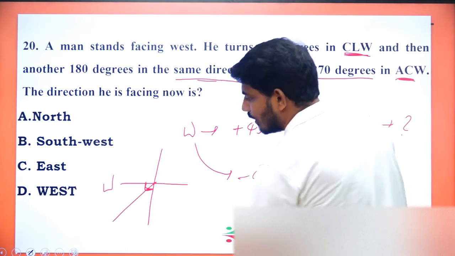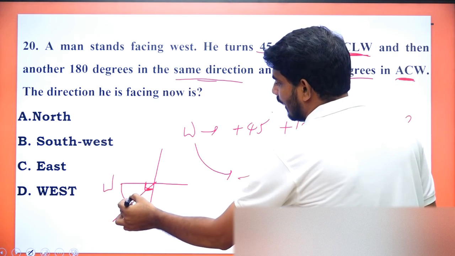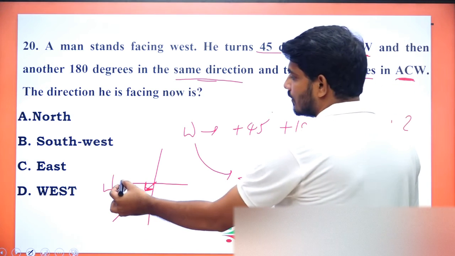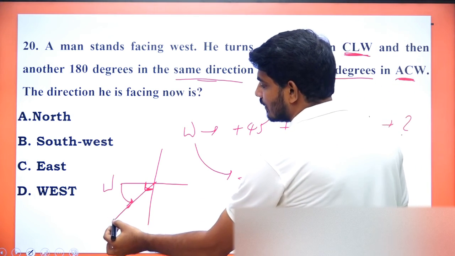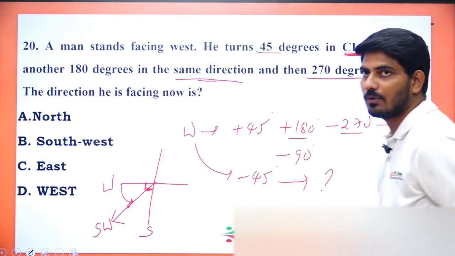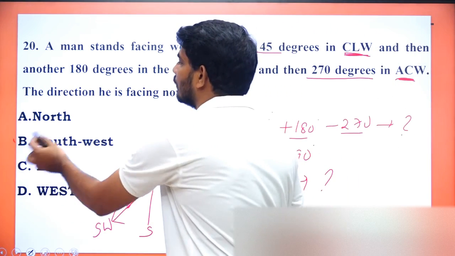If we divide it in half, it will be 45 degrees and 45 degrees. So we need to go anti-clockwise 45 degrees. From west, 45 degrees anti-clockwise, what will come? South. The answer is southwest, minus 45 degrees. So the answer to this problem is southwest.